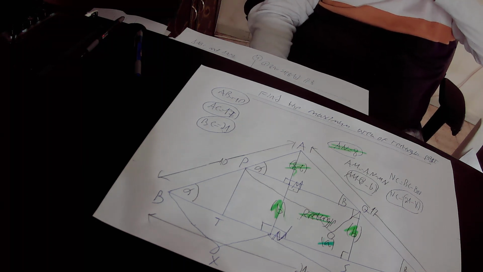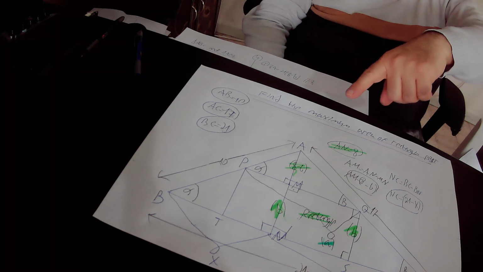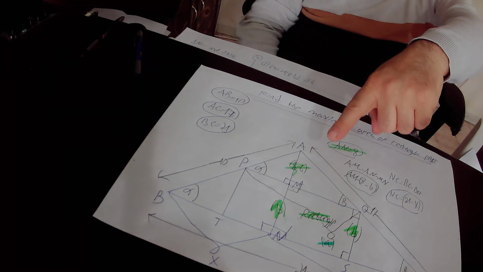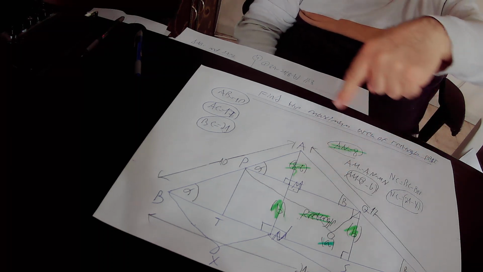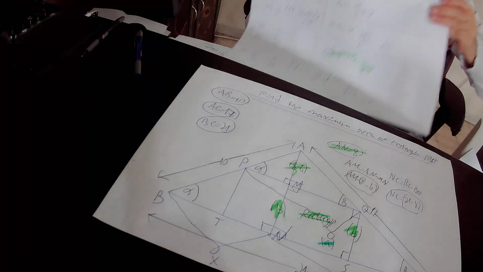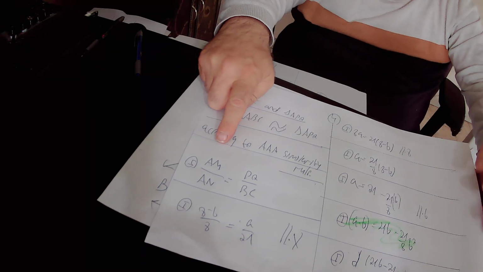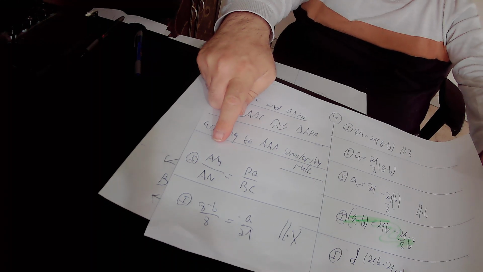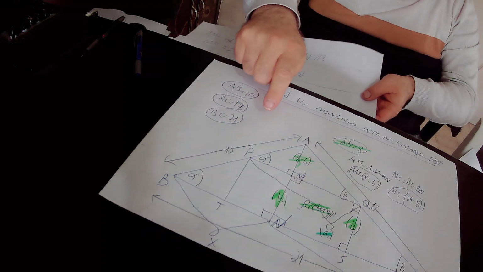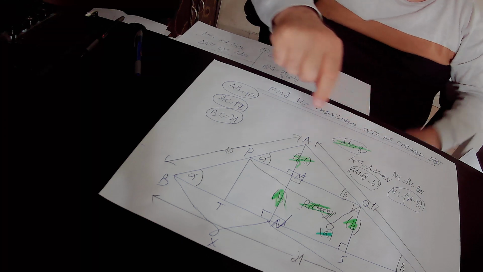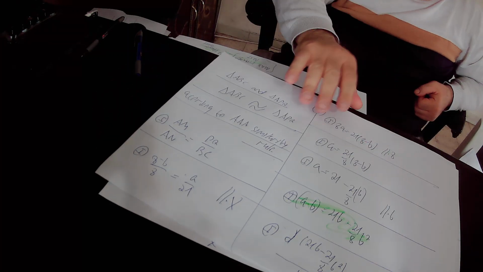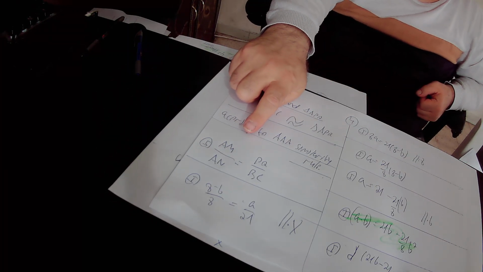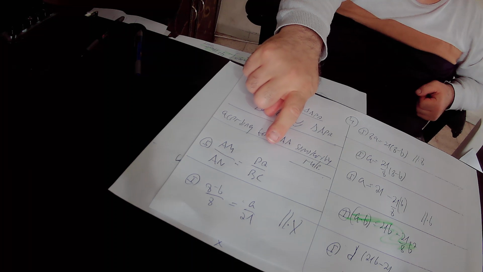Therefore, the height AM in the small triangle APQ over the height AN in the big triangle ABC, AM over AN, the ratio between the heights of the two similar triangles, must equal PQ in the small triangle APQ over BC in the big triangle ABC. So the ratio between the heights, AM over AN, must equal the ratio between their sides, PQ over BC.